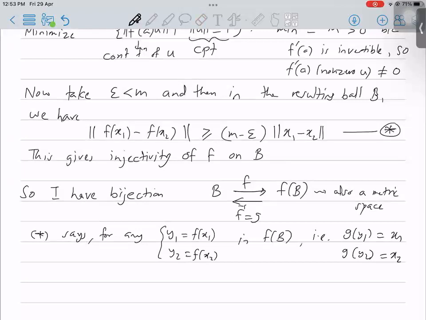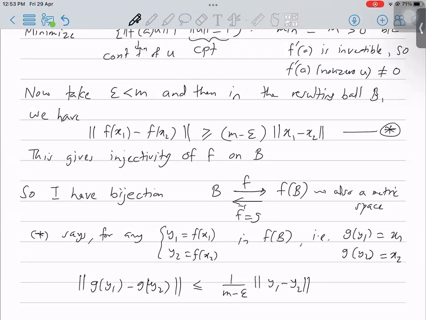But remember, y1 and y2 are arbitrary. So what is this saying? Let's flip the inequality. So we have g of y1 minus g of y2, and which way does the inequality go now? This is less than or equal to 1 divided by m minus epsilon times y1 minus y2.